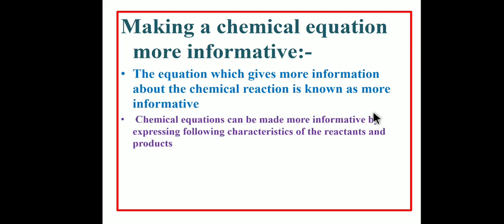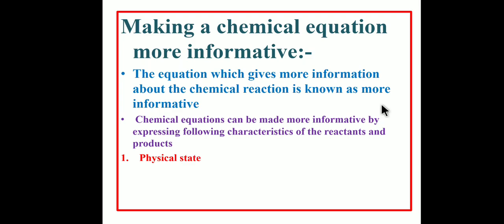Chemical equations can be made more informative by expressing the following characteristics of the reactants and products. By following those characteristics, we can make chemical equations more informative. Let us see what those characteristics are. The first one is physical state.